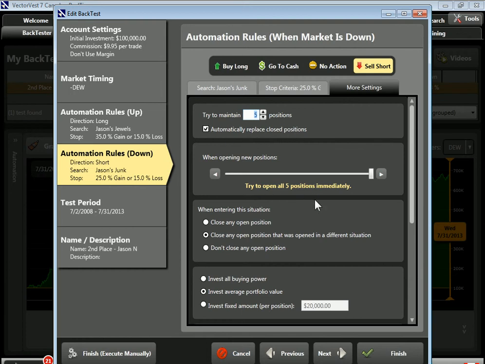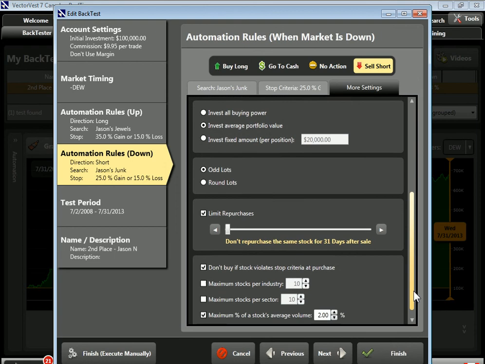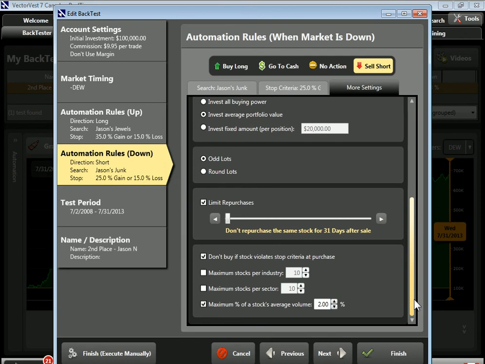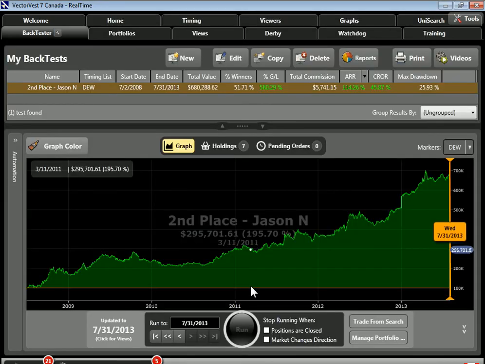He wanted to open all 5 immediately, and he did want to close any open position that was open in a different situation. So once a DEW down signal came, he wanted to close all of his long or bullish positions. He wanted to invest the average portfolio value and the same required settings at the bottom. Test date was July 2nd of 2008 to July 31st of 2013. And again, a PDF file in the VectorVest Views Tonight lays out all of the settings here.